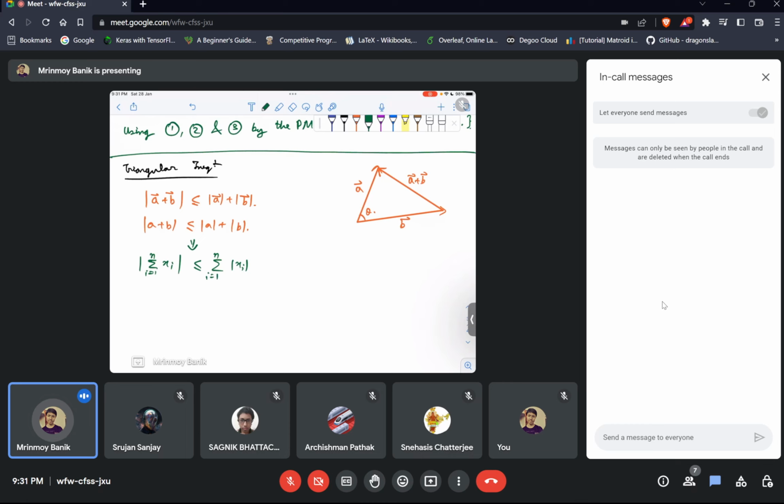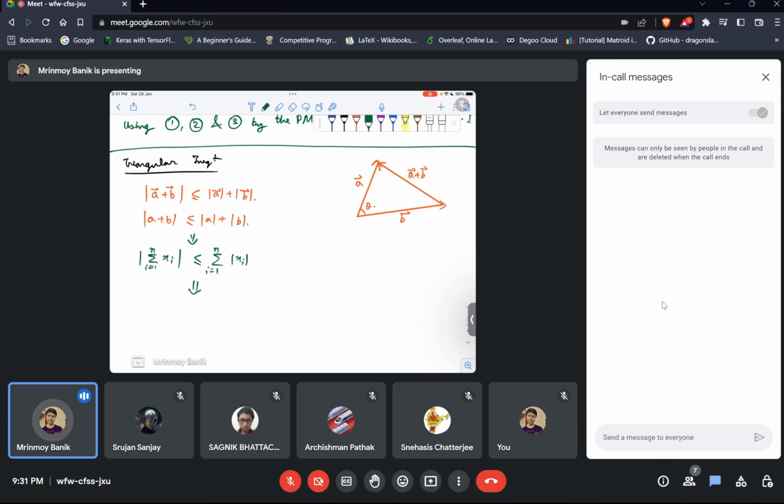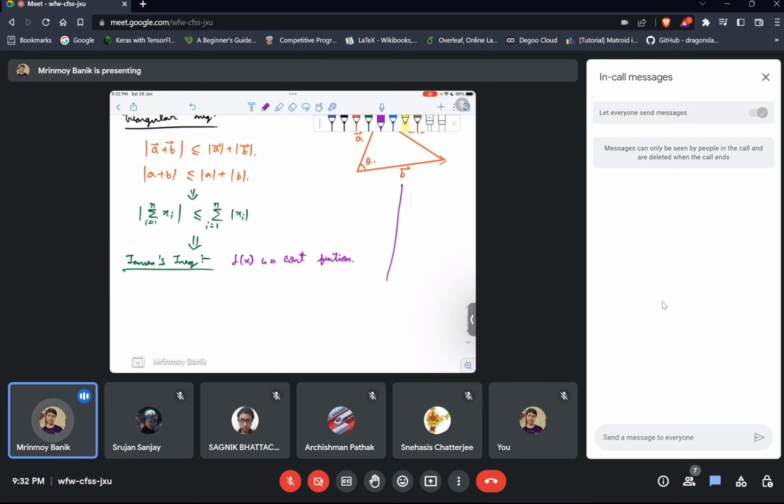And this is actually a specific case of a more general inequality called Jensen's inequality, which deals with convex functions. Suppose f(x) is a convex function, or let this be any continuous function. So let me first demonstrate it.